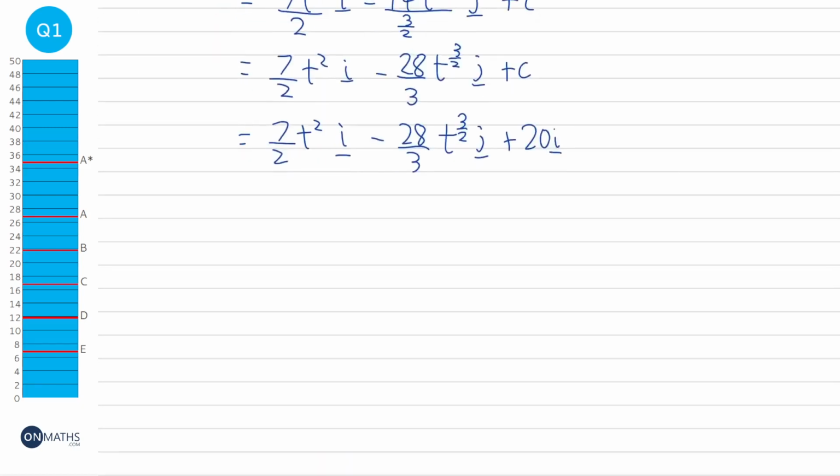And what we want to do is combine the i's together. So we're just going to do 7 over 2 t squared plus 20i. That's our i component there.